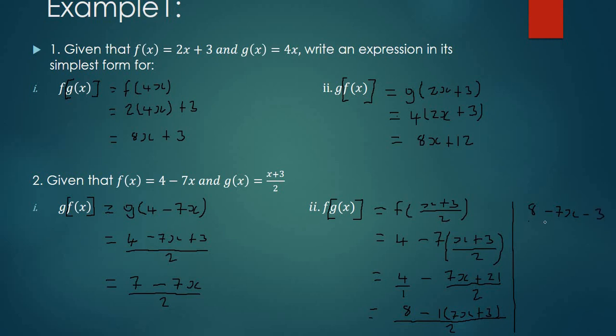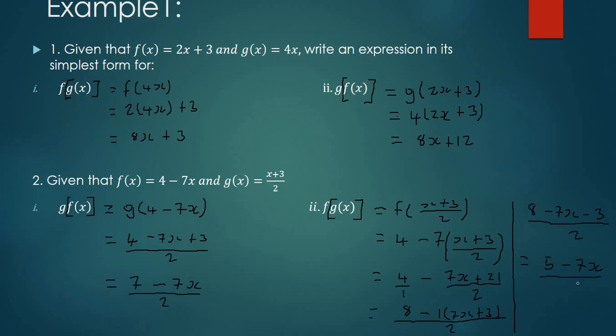And all of this should be placed over the common denominator of 2. All we need to do is to combine the like terms. So 8 minus 3, that's going to give us 5 minus 7x all over 2.